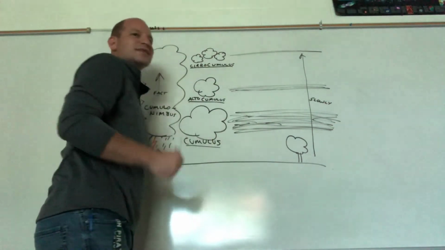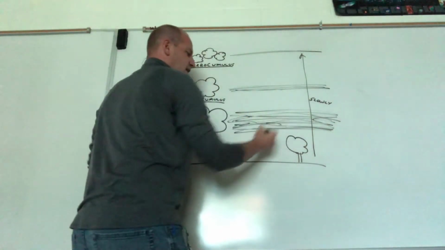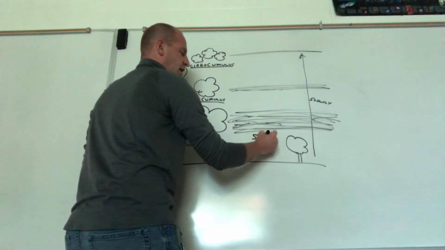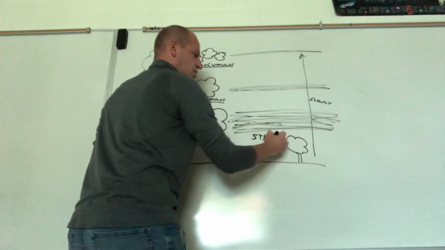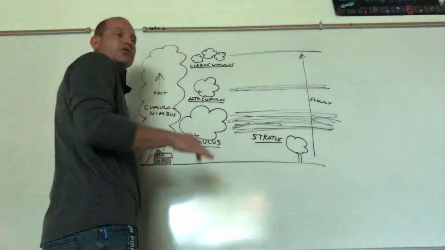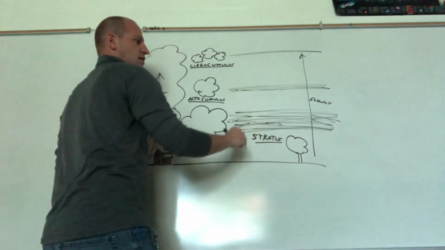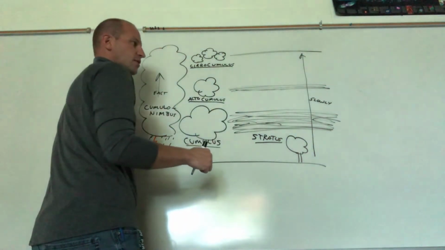Now let's look at the stable air, where the air is rising slower. When it's down low, it is simply called a stratus cloud. That means a layer. Strata literally means layer. When it's in the middle of the atmosphere, it's not as thick, because remember, there's less moisture there.